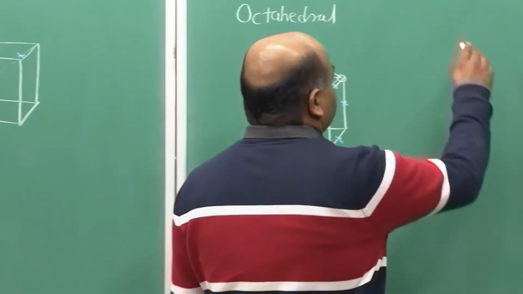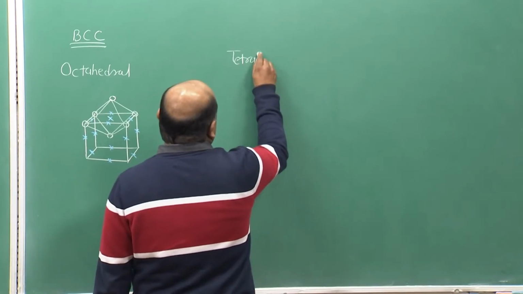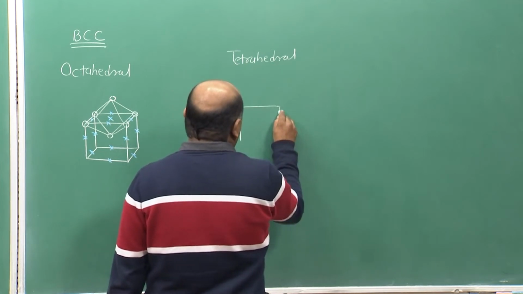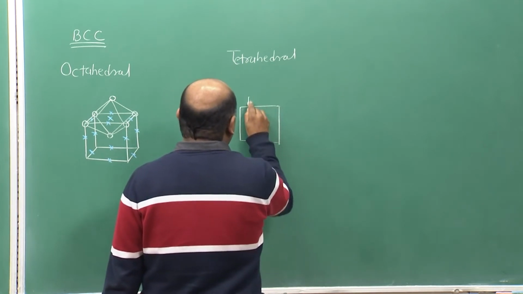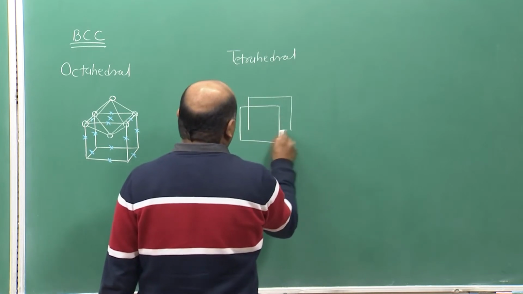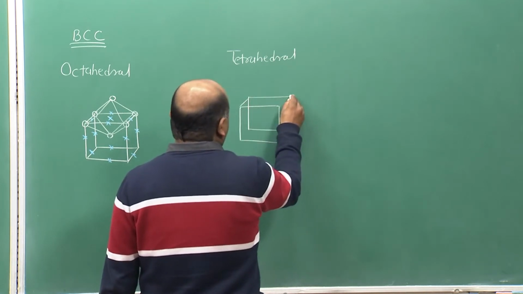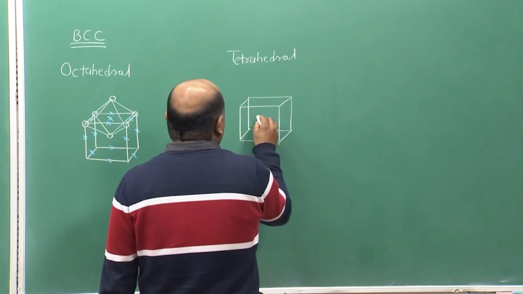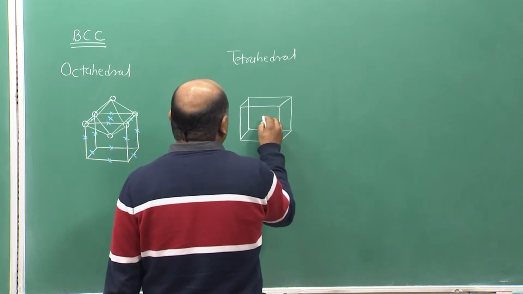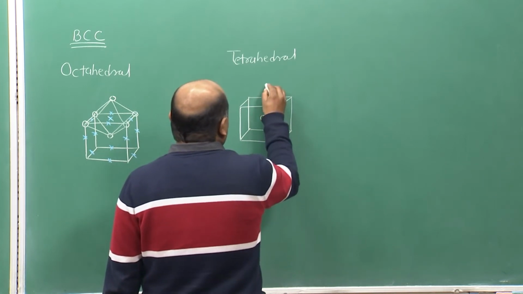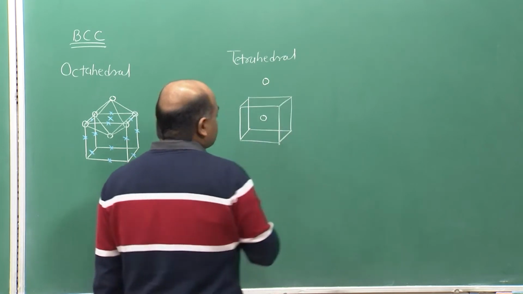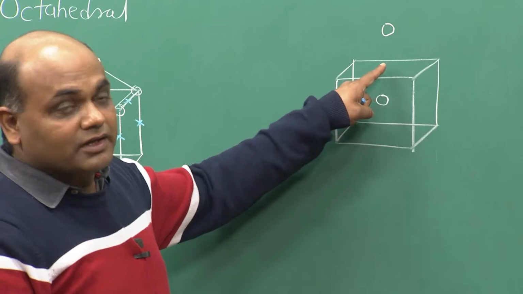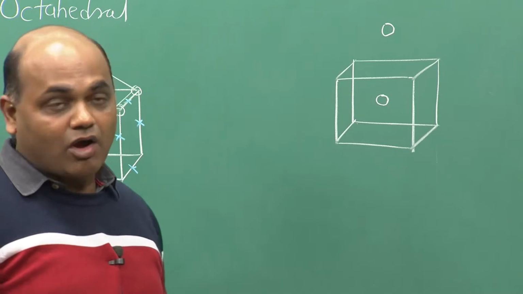For tetrahedral sites in BCC, let us consider the 2 body center atoms, one at the body center of this unit cell which is drawn, and the one at the body center of the unit cell which is on top of this one.